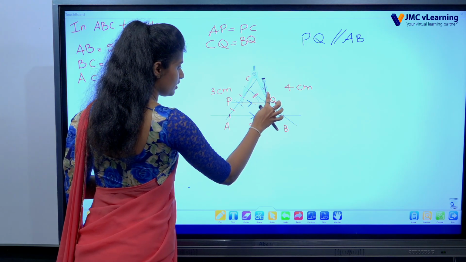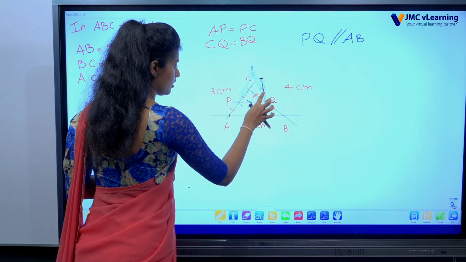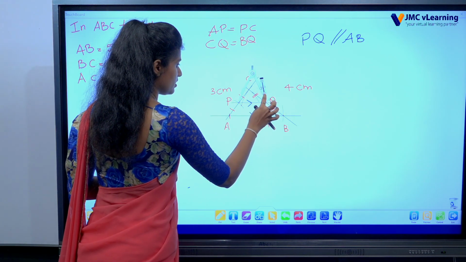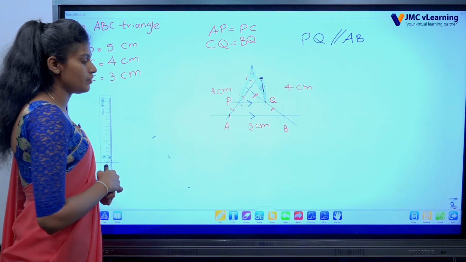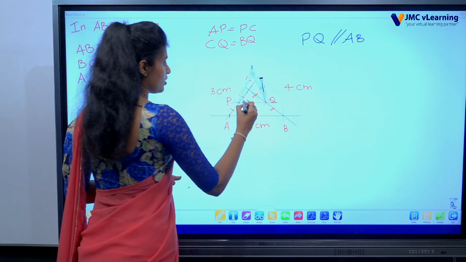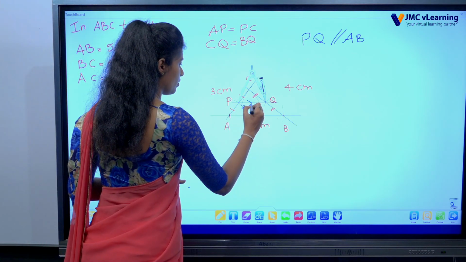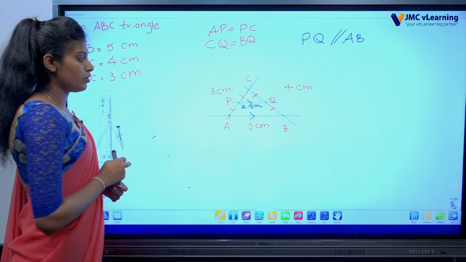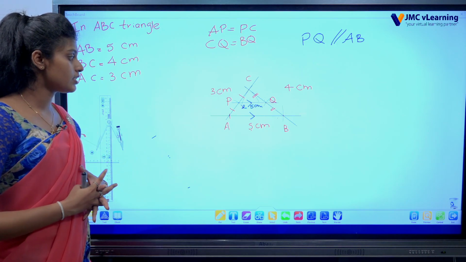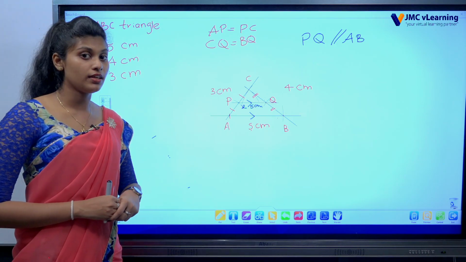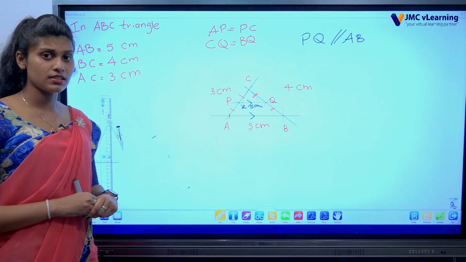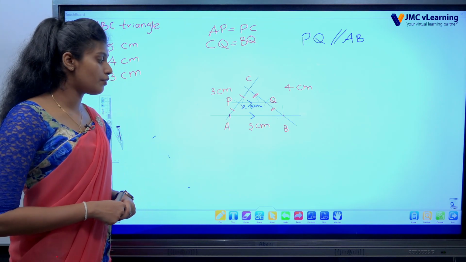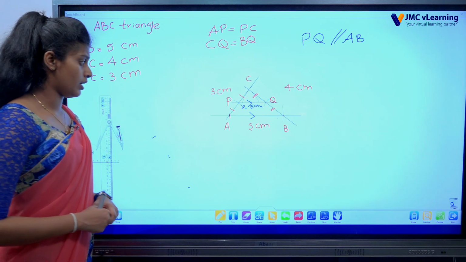Now you can see the length of PQ line is 2.5 centimeter. So can you get a relationship between that PQ and AB? What is it? Can you see the PQ length is the half of AB line.